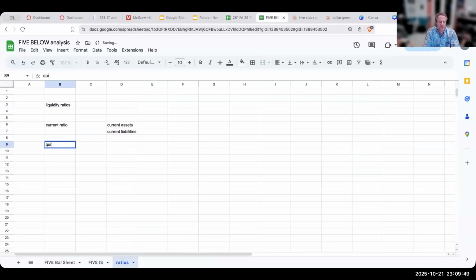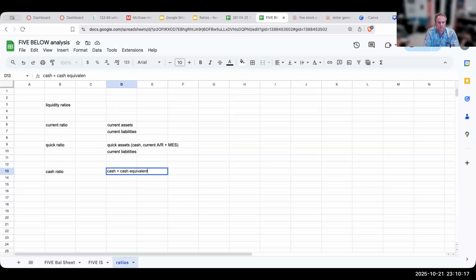We'll do our quick ratio, which are the quick assets, cash, current AR, plus marketable securities, divided by current liabilities. And over here, we've got our cash ratio, which is cash plus cash equivalents divided by our current liabilities.